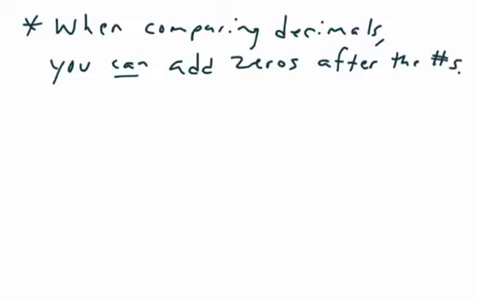What I mean by that is, let's say you're comparing 2 numbers, and one of them is 4.2, and one is 4.213. And the question is, which one of those 2 is larger?